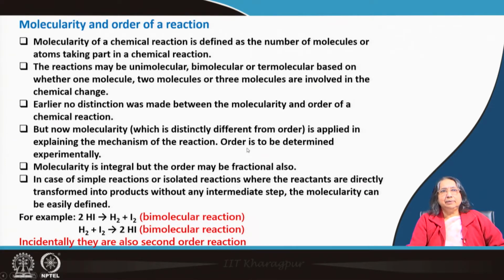It is an experimentally determined parameter, and it can be a fraction or an integer, but molecularity is always an integer. So we understand that molecularity and order are two different things for a chemical reaction.